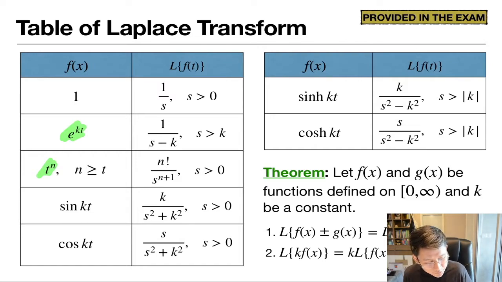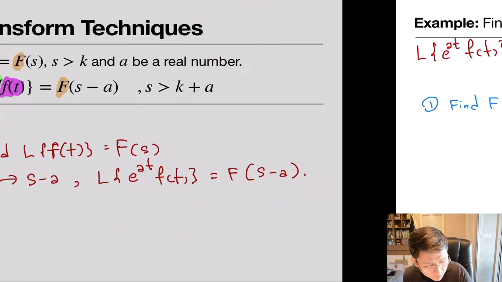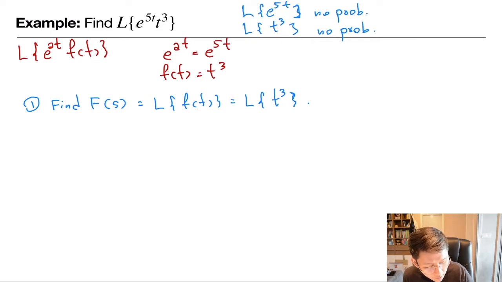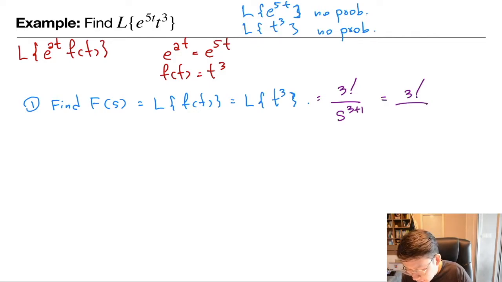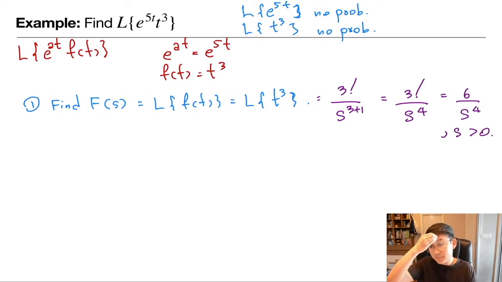So here the Laplace transform would be 3 factorial divided by s to the 3 plus 1, which is 3 factorial divided by s to the 4, which is 6 divided by s to the 4, when s is bigger than 0. Make sense?